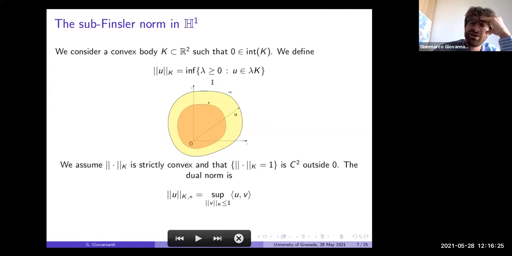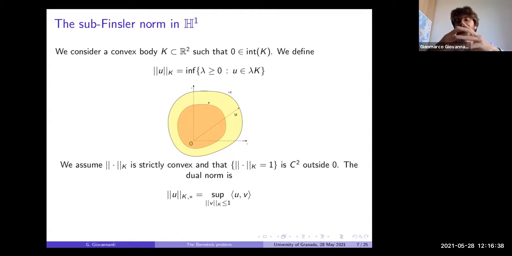The norm of a vector u is given by the infimum of lambda such that u belongs to lambda K. So we have our convex body, and we consider a dilation of this convex body such that we can reach the vector u, so such that the vector belongs to the dilation, and we consider the infimum.